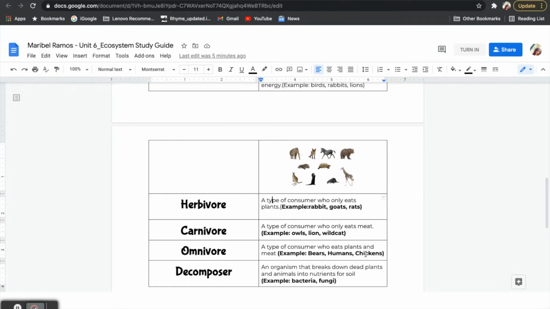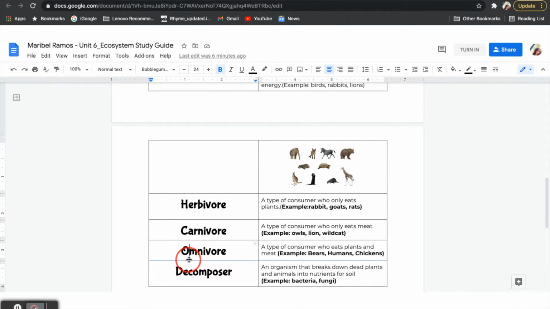Some examples of carnivores are owls, lions, and wildcats. These organisms have to consume or eat other organisms for their energy. However, they are known as carnivores because they eat meat.